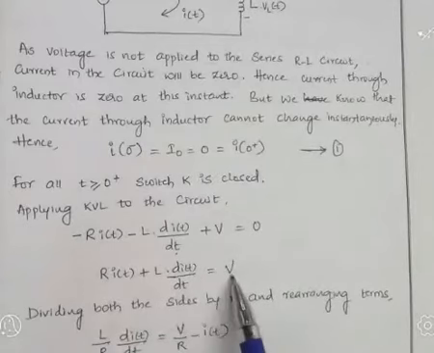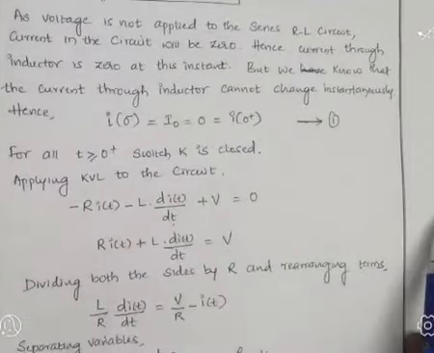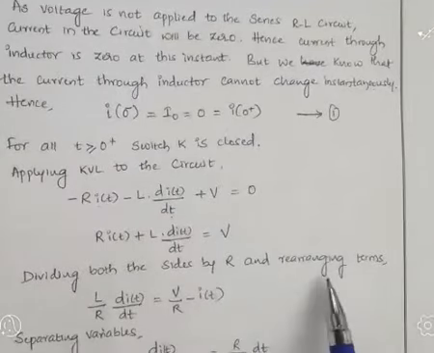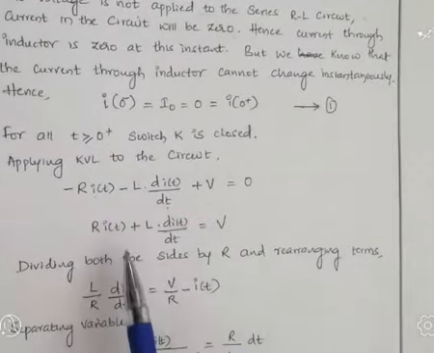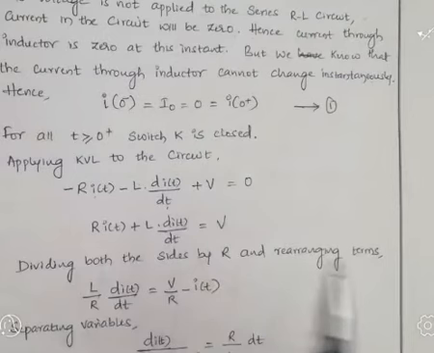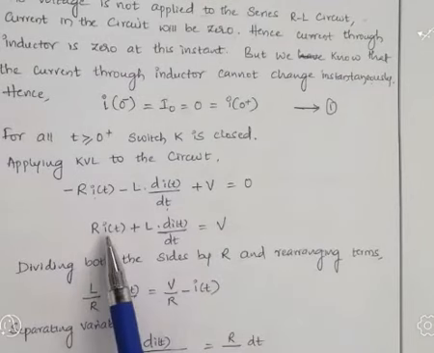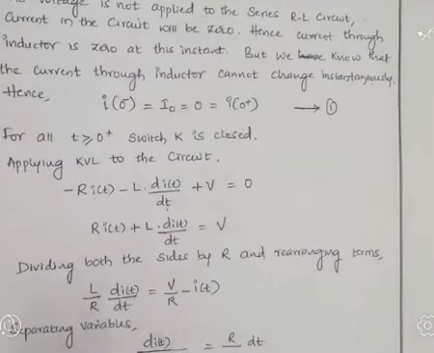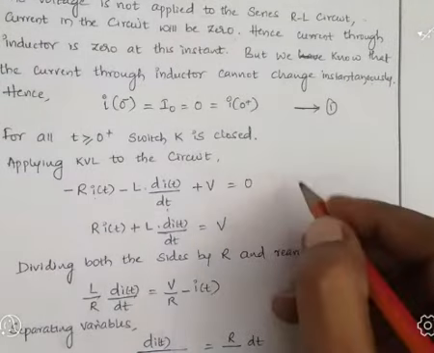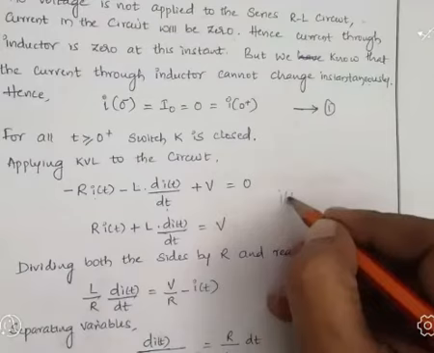is equal to V. Dividing both sides by R and rearranging the terms, R into I(t) divided by R, R gets cancelled, we are only left with I(t).